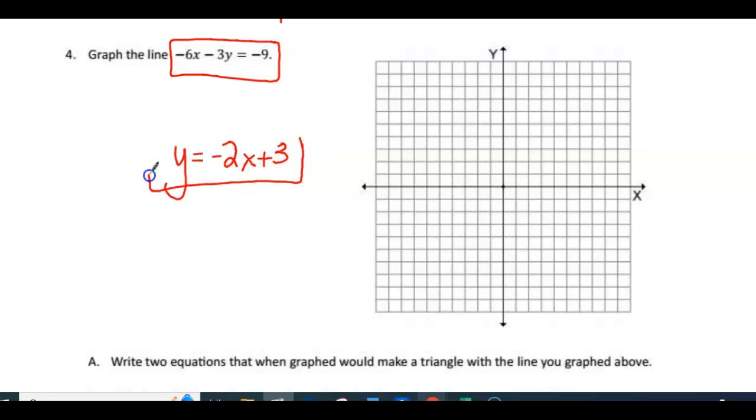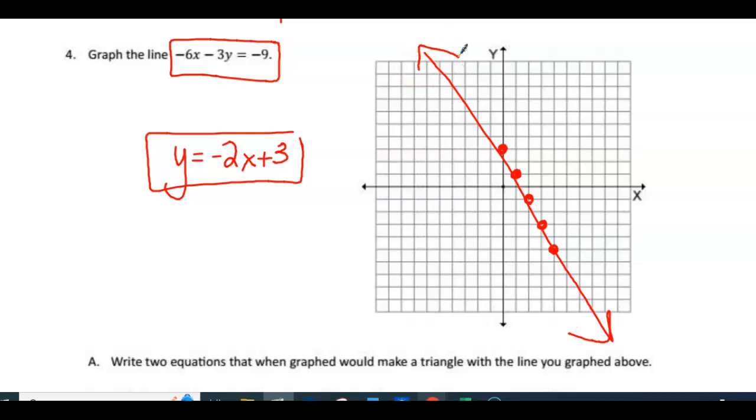And again, I'm skipping some steps because of time. So I'm going to go over here and graph 3. My slope is negative 2 over 1, so I go down 2, right 1, down 2, right 1, and so on. I told you you should always have at least 5 points. Again, yours is going to look a lot better than mine because you have a ruler.